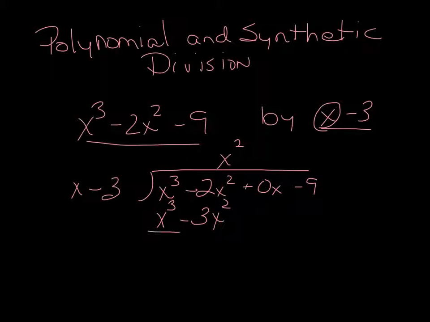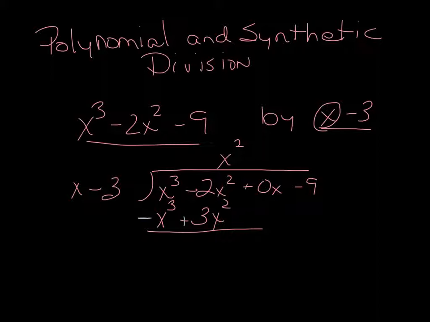Now remember, the next step is to subtract. Sometimes it's helpful to have a different color. We're going to subtract x cubed, and since this was already a minus, it's going to become a plus, because when you subtract a negative, it becomes a positive.